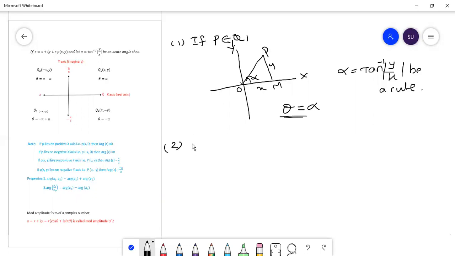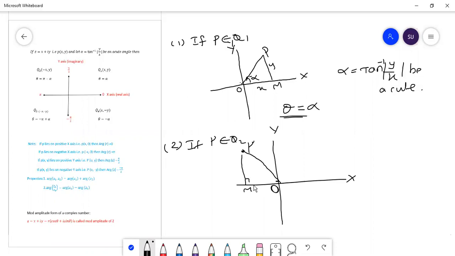If P belongs to the second quadrant, then what will happen? We will see. This is the x-axis, this is the y-axis, and this is the origin, and let us consider the point P, x comma y, is here. This is OP, and this is the perpendicular.